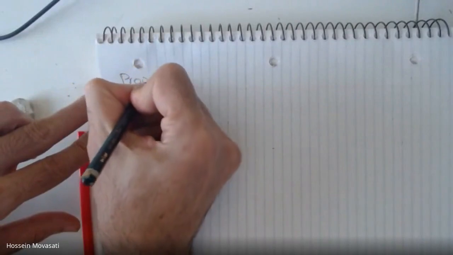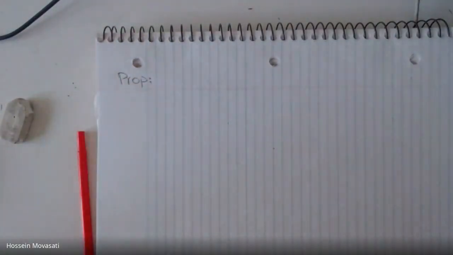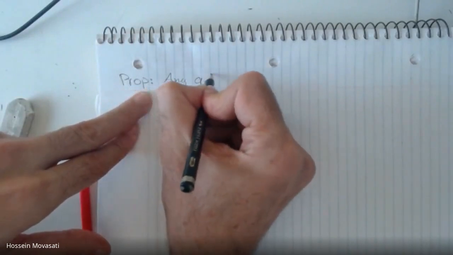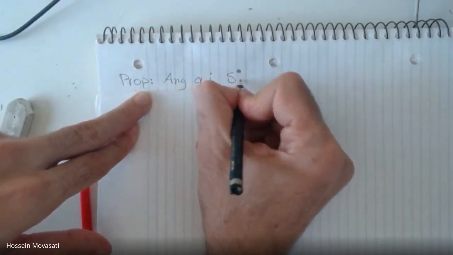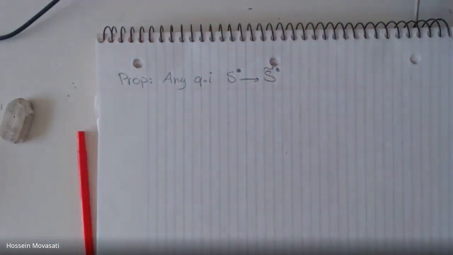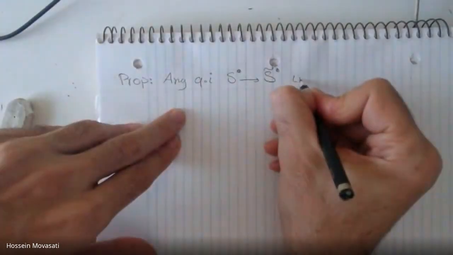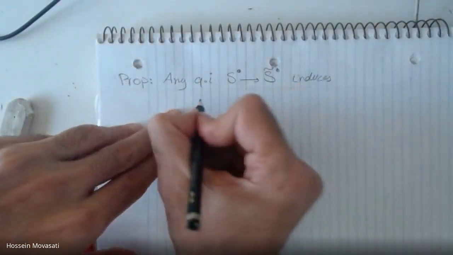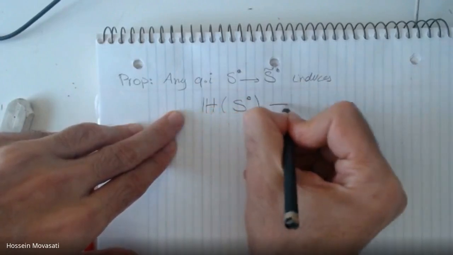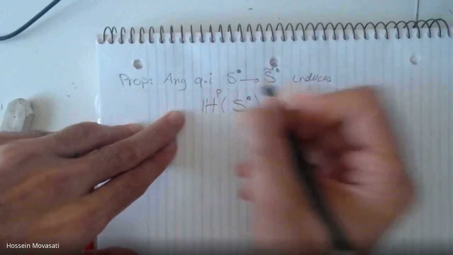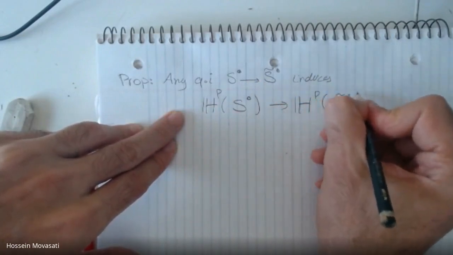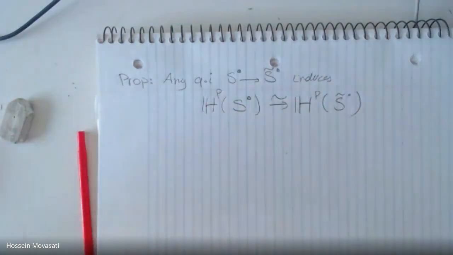Again, this proposition is not simple. Any quasi-isomorphism between two complexes of abelian groups induces an isomorphism when you take the hypercohomology. Here I am simplifying my notation.